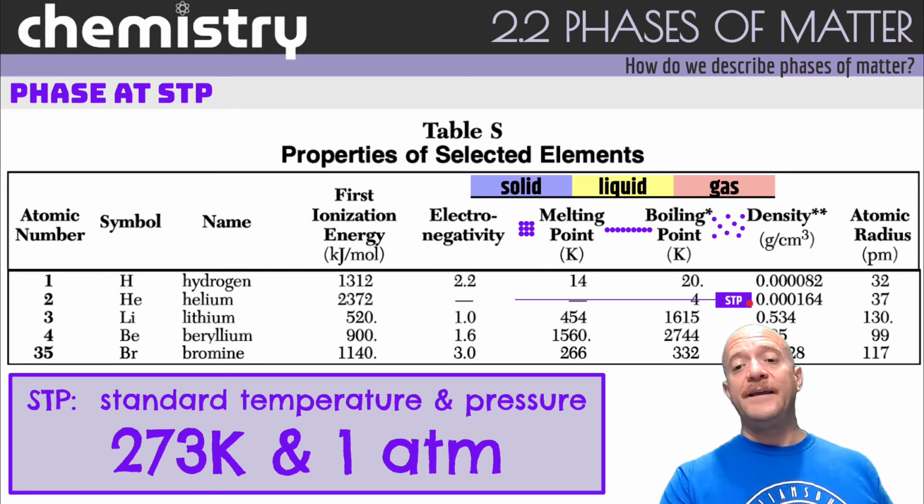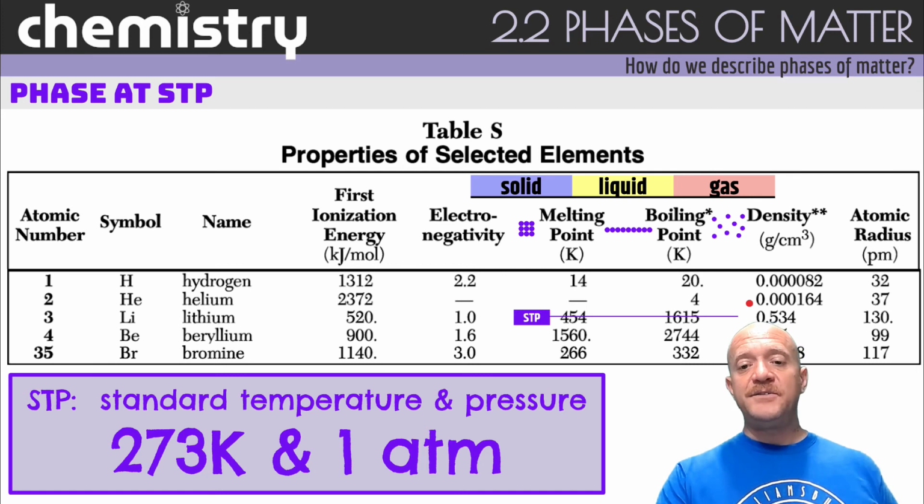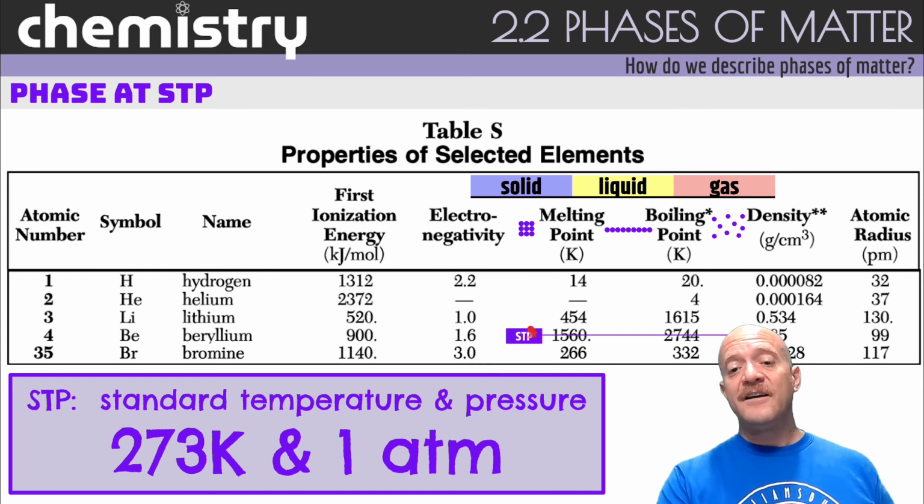That's going to also be a gas. Now 273 for lithium is going to be to the left of the melting point, so that means it's going to be a solid. And beryllium, 273, is also going to be a solid. That's element number 4 because it's far to the left. So 273 lies to the left of the melting point.